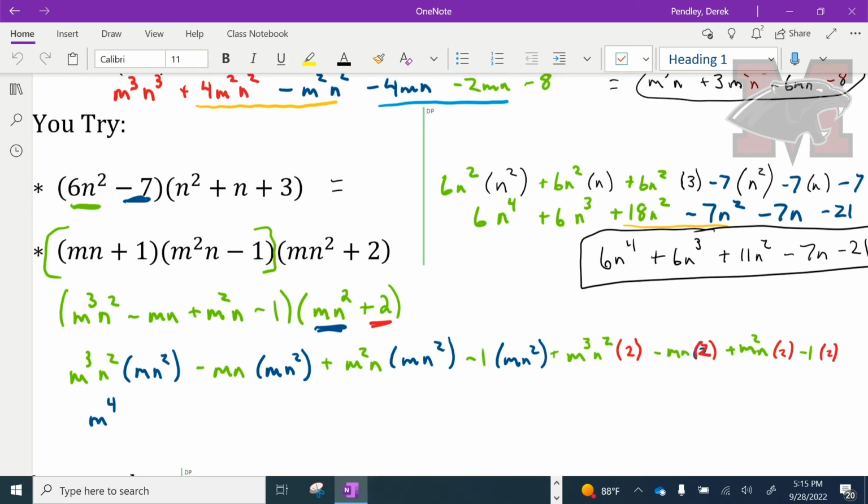So I have m cubed times m is m to the fourth. n squared times n squared is n to the fourth. Then I have a negative. m times m is m squared. n times n is n cubed. Then I have m squared times m is m cubed. n times n is n cubed. Then I have a negative 1 of that, so I just have negative mn squared.